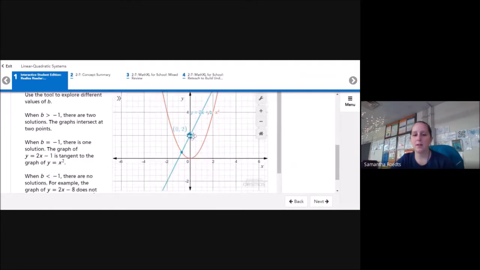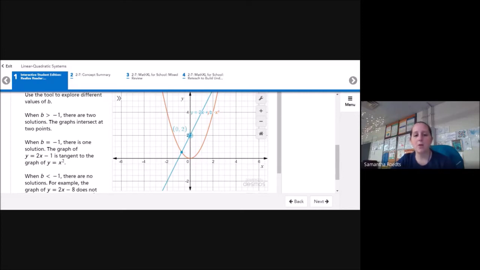So if I look at this, for b greater than negative 1, there's 1 solution, cross right here. So anything above this, they're going to have at least 1 solution. When b equals negative 1, there's 1 solution.